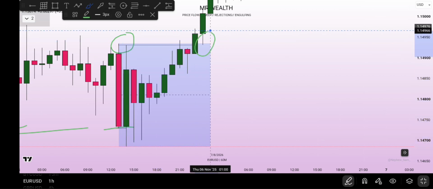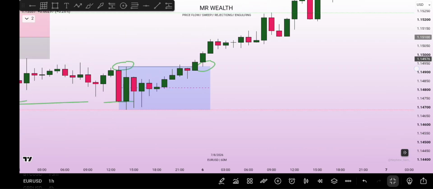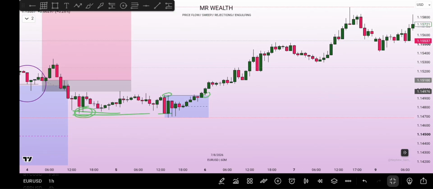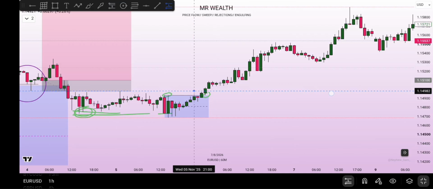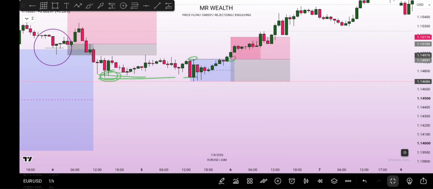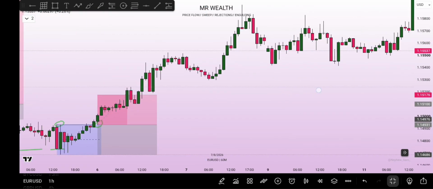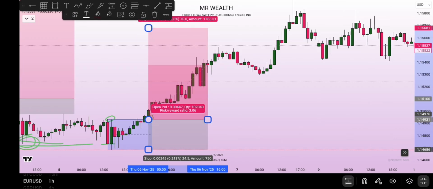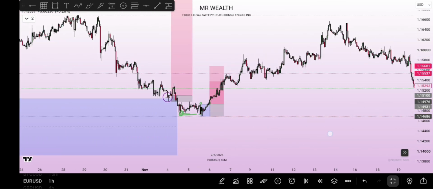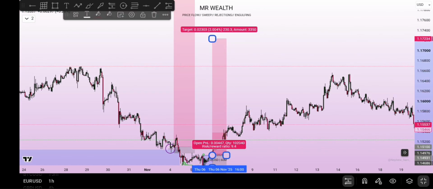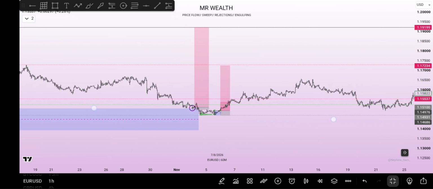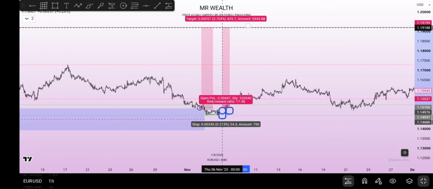Then you go to your MT5 or whatever you use as your execution app, you set it there and you swing it to the upside. I will do it for other pairs too.